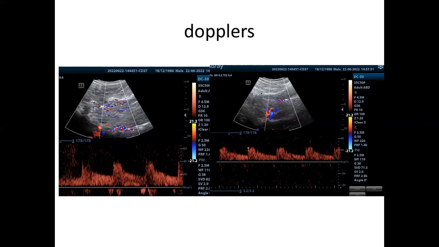Of course, the early systolic peak is still there, but there is rounding of this waveform, which may be suggestive of some stenosis that was happening, or it may be due to high resistance within the renal parenchyma, maybe due to other conditions like renal parenchymal disease that was affecting that kidney.